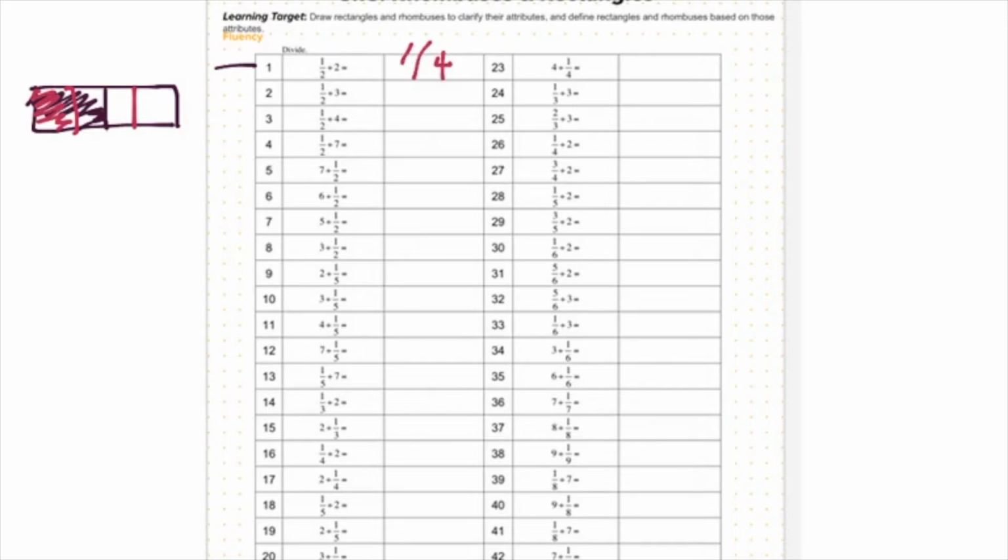1/4. If I were to skip over and look at number 23 over here, I have a whole number. I have 4. 1, 2, 3, 4. So my whole thing is 4. And I'm dividing it into 1/4.